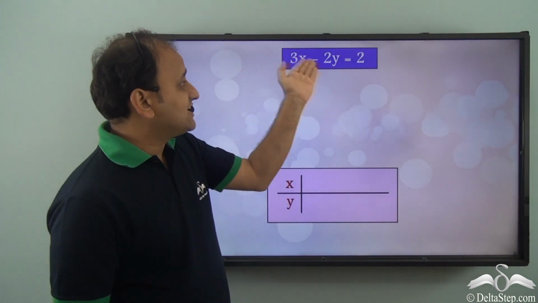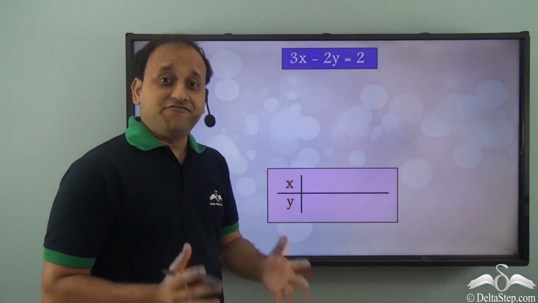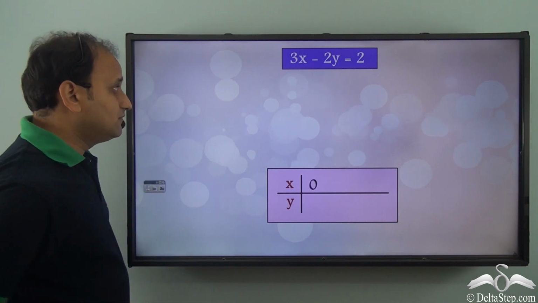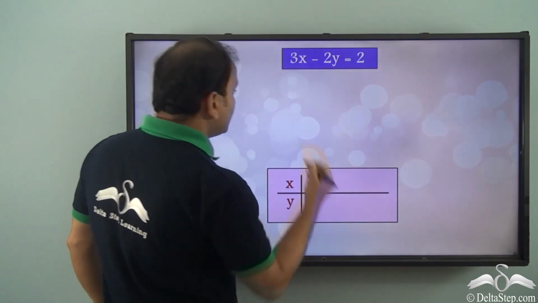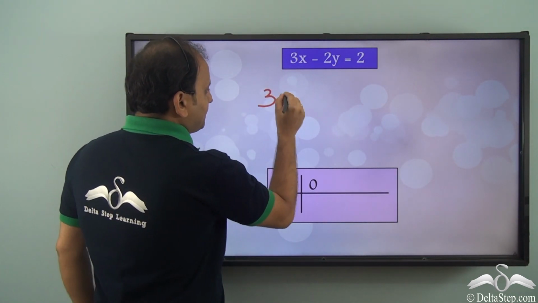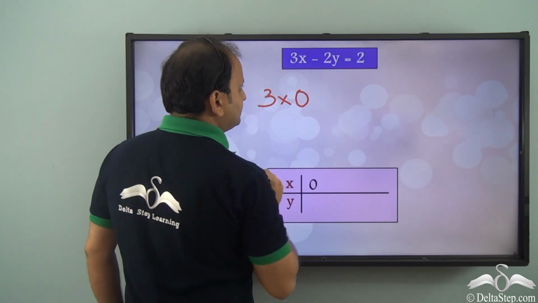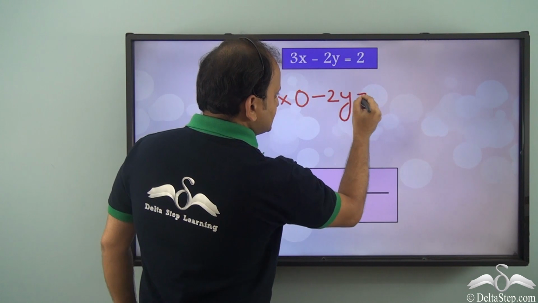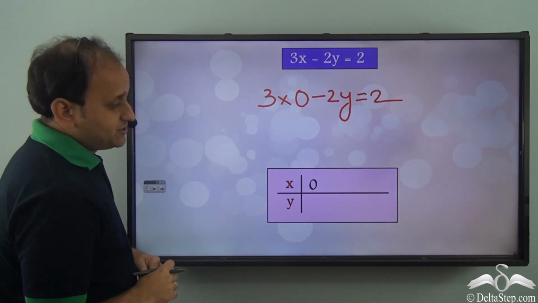So we have 3x minus 2y is equal to 2. Now if we take x as 0, then what do we get? If we substitute the value here, it will be 3 into 0 minus 2y is equal to 2. Now 3 into 0 is 0, right?